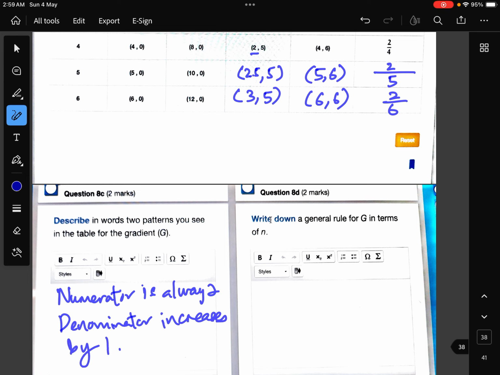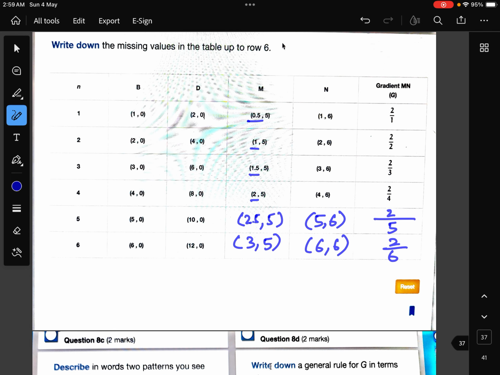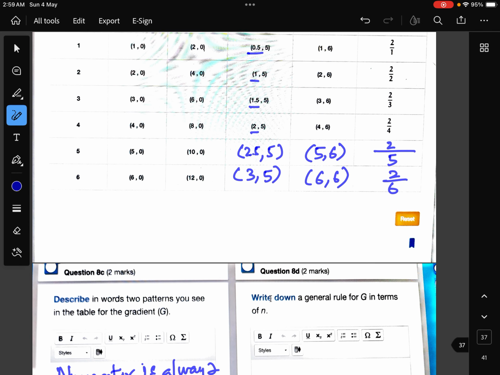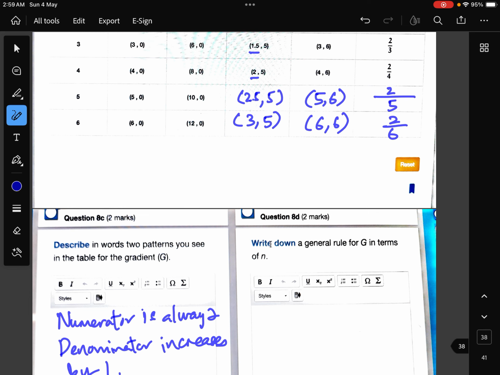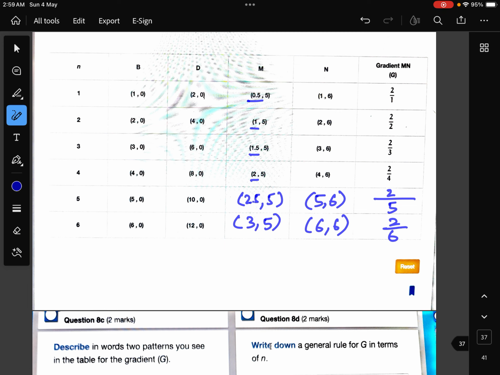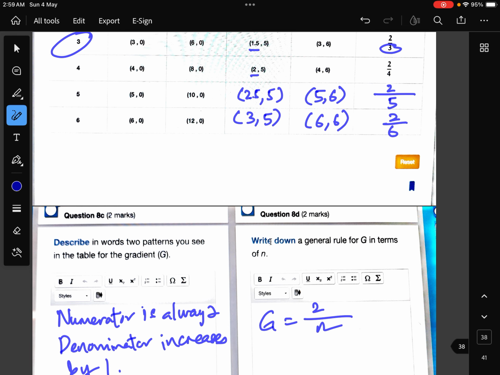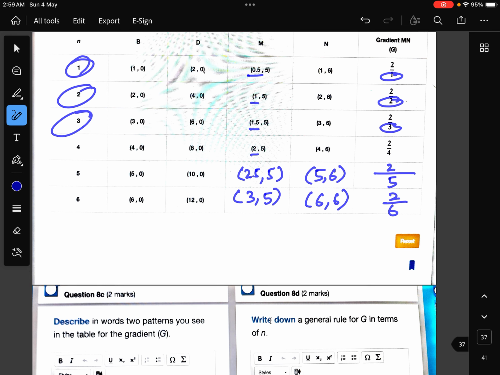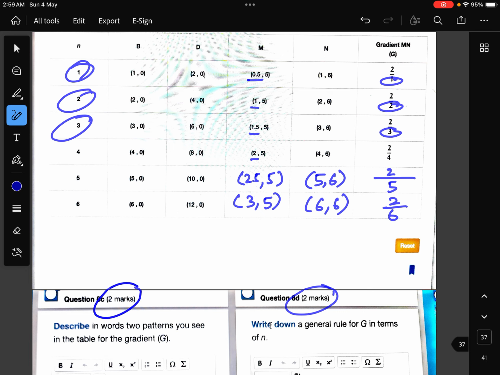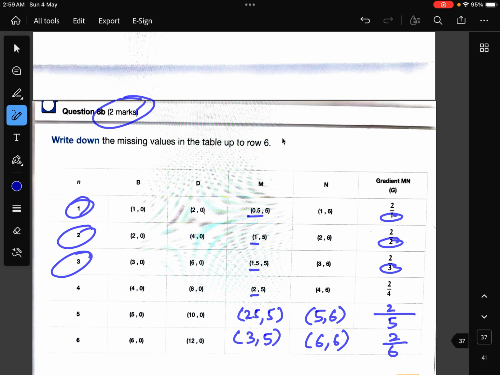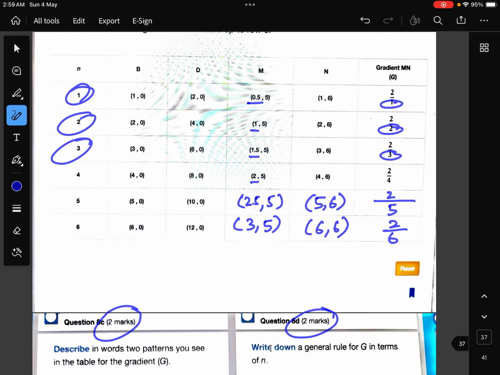And we say write down a general rule for G in terms of n. Since the numerator is always going to be 2, in the general rule your numerator needs to be 2, and since this number here is always going to be the same as the value of n, we're just going to put 2 over n as the general rule. It's not too bad, isn't it? It's 2 marks, 2 marks, and you have 2 marks here, so that's 6 marks in the bag.